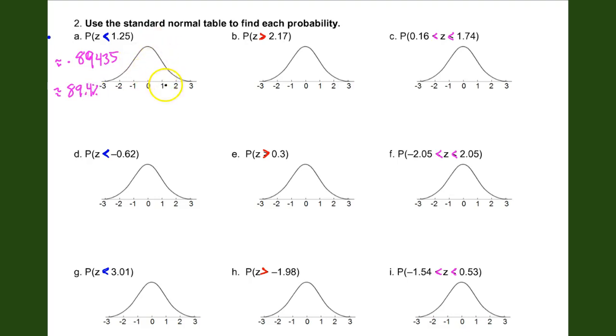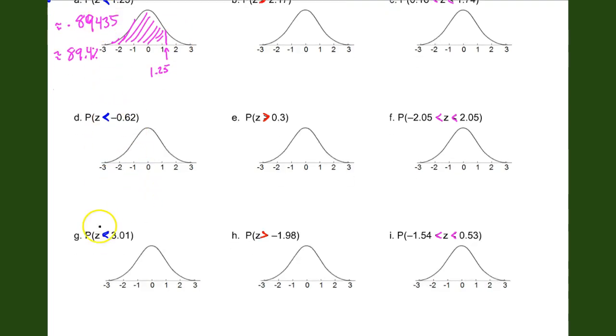In other words, if we find 1.25, let's say right here is 1.25, and we want everything less than, this total area is 89.4% of the total area. See, only this little part here is not shaded in.